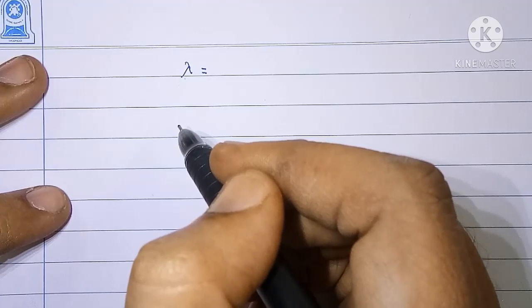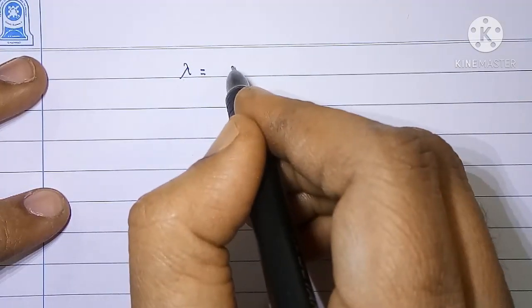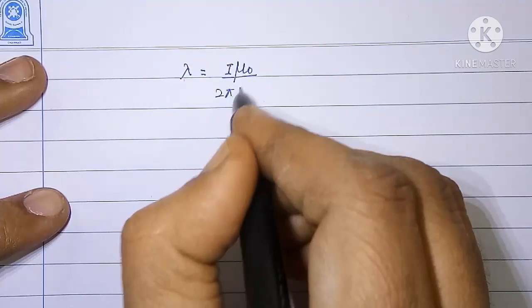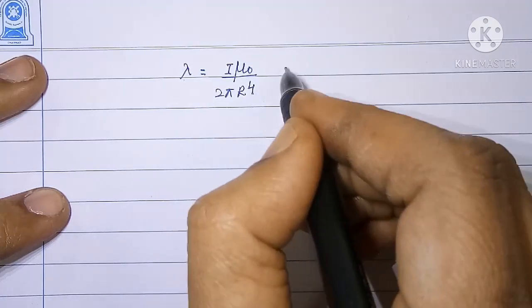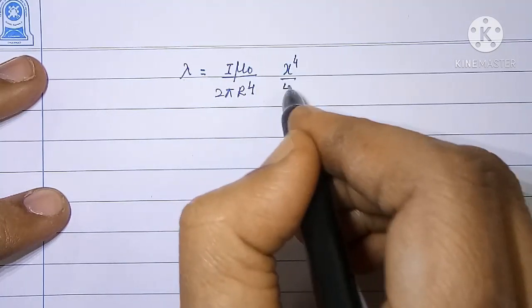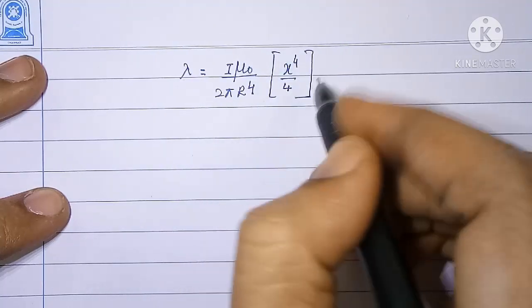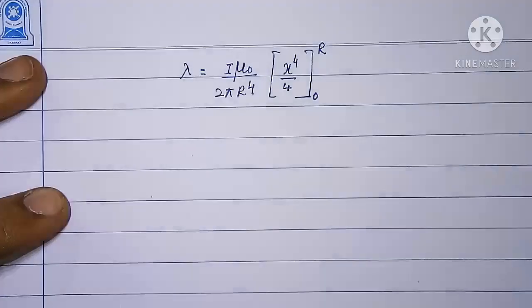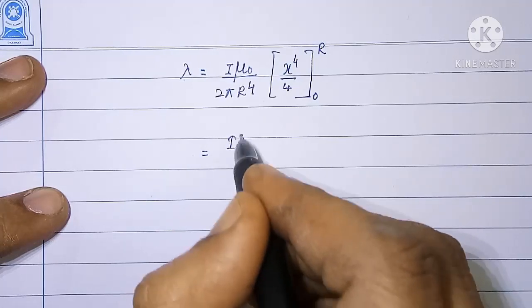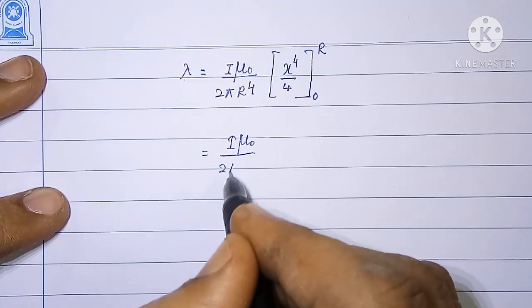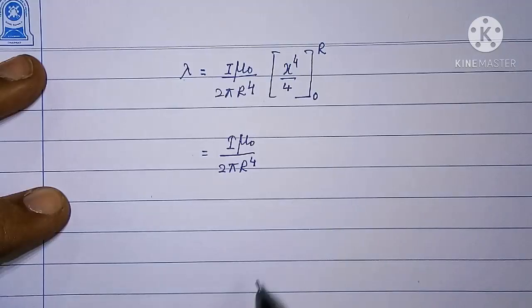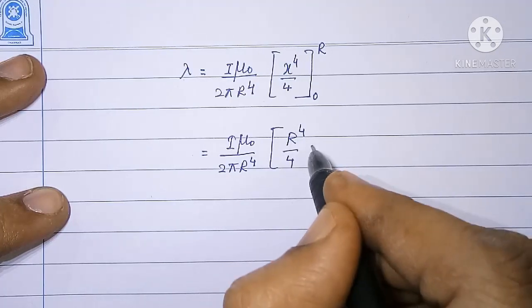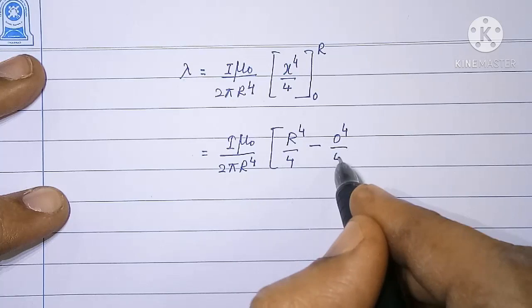Lambda equal to I μ0 upon 2π r⁴, x⁴ upon 4, from 0 to R. I μ0 upon 2π R⁴ into R⁴ upon 4 minus 0⁴ upon 4.